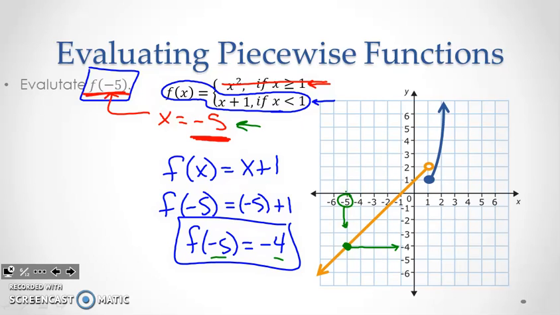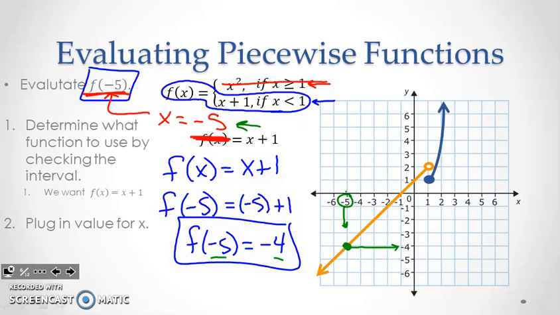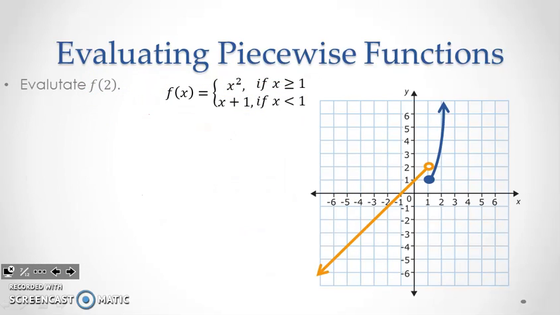Let's go through a couple other examples. I've got f of 2. Where does f of 2 fit in? Is the x value greater than 1 or less than 1? I would hope you say it's greater than 1, since my x value is 2.